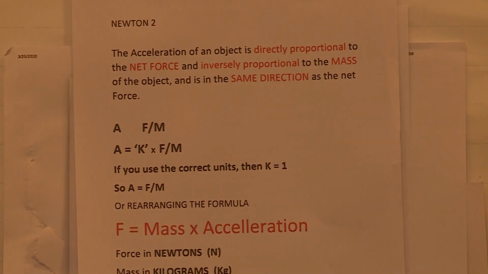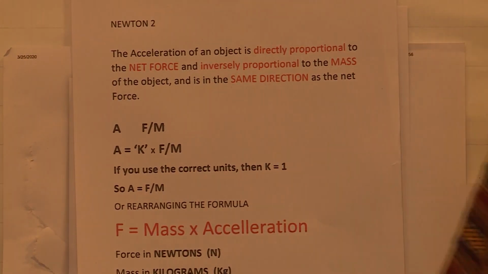Inversely proportional to the mass of the object. Inversely proportional is like a seesaw. If one quantity goes up, the other goes down. So if the mass increases, the acceleration will decrease.